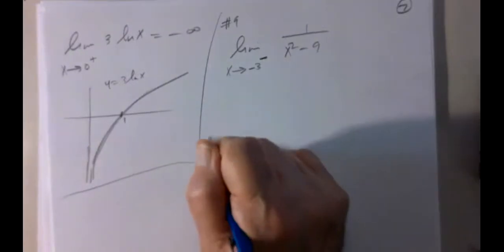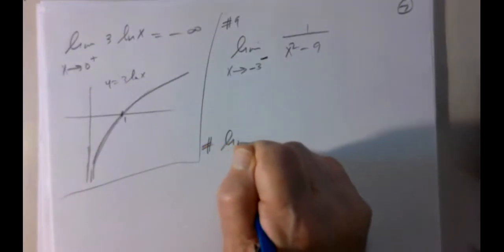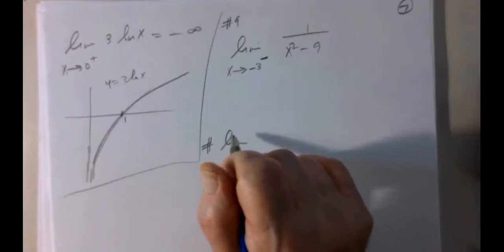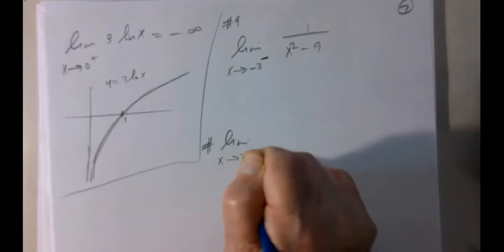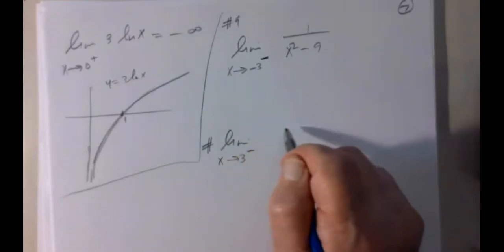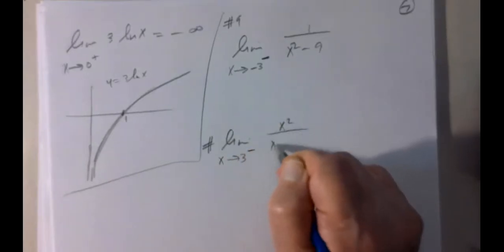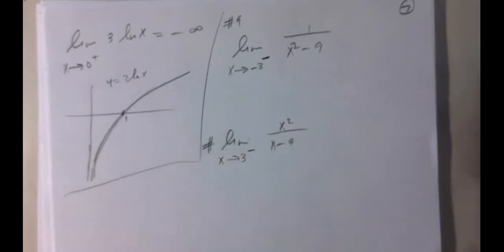And find the limit as x approaches 3 from the left of x squared over x minus 9. So I'll give you a couple of minutes to work on these yourself.